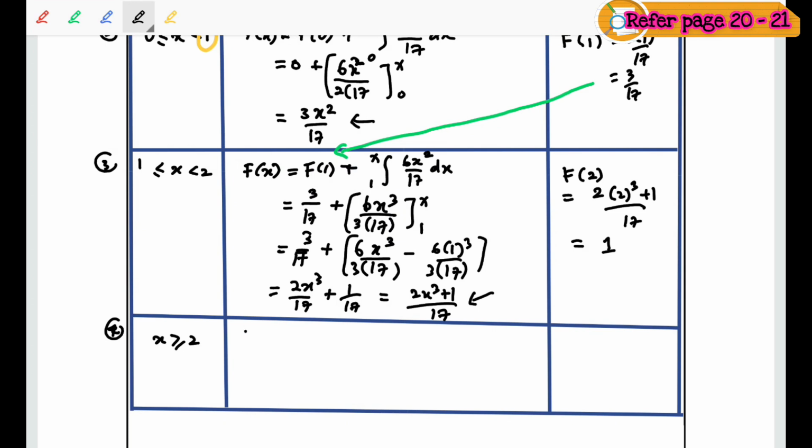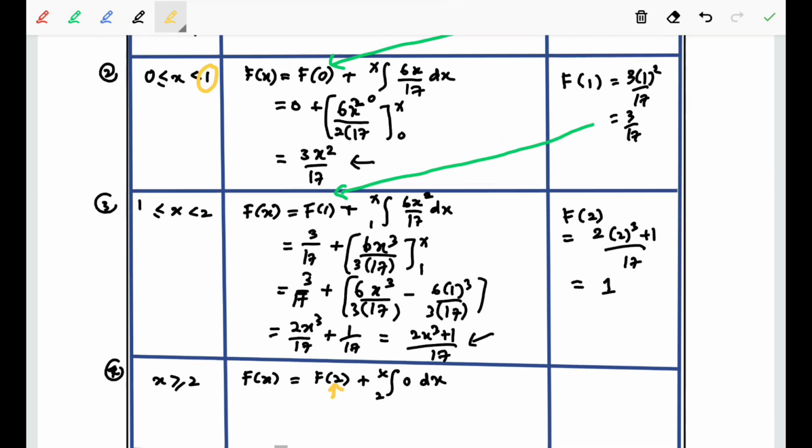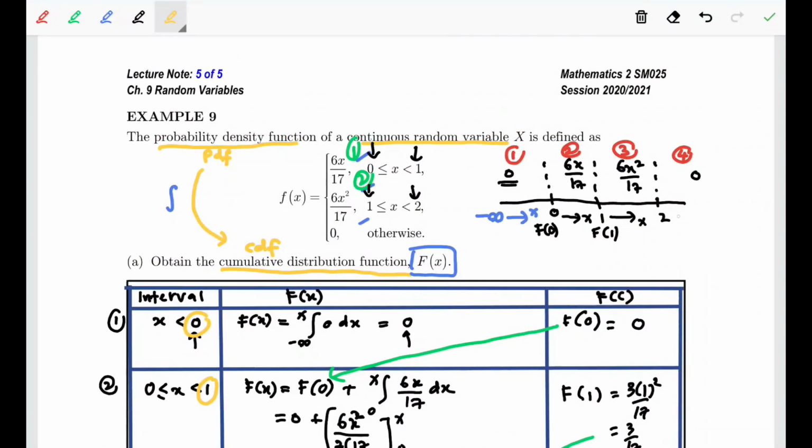The last interval should be f of x equals f of 2 plus the integration from 2 until x of the 0 function. Okay, we are going to start with f of 2. Since 2 is here, we're going to integrate 2 until x, but before that, we already accumulate until f of 2.